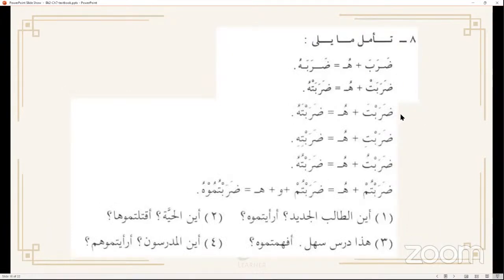So again, ponder on these things. If there is a fa'il and there is a damir attached to that, it becomes maf'ul bihi. Darabathu, she beat him, if it is related to feminine. Darabtahu, you beat him.